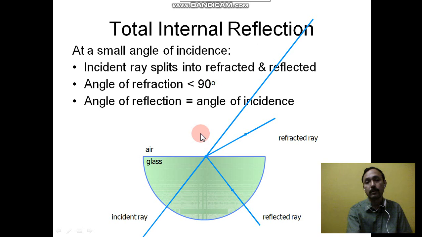If we draw the normal here, the angle of refraction is this, which is less than 90 degrees. And the angle of reflection is equal to the angle of incidence.